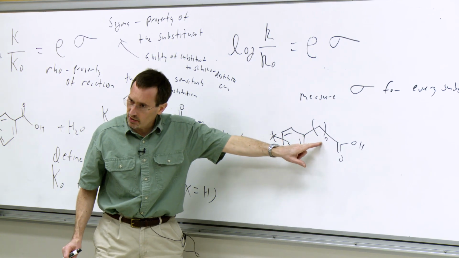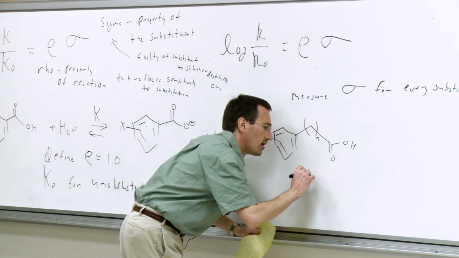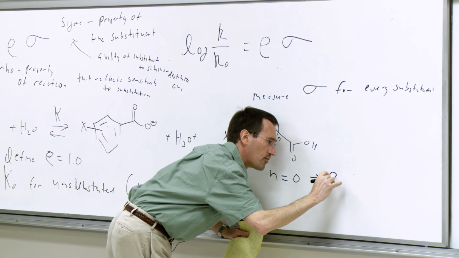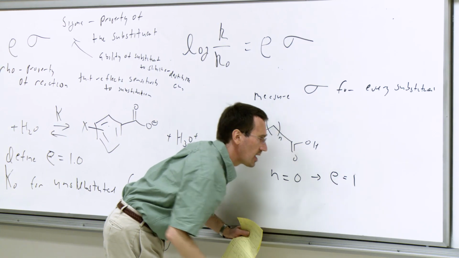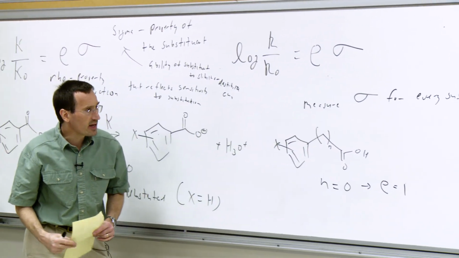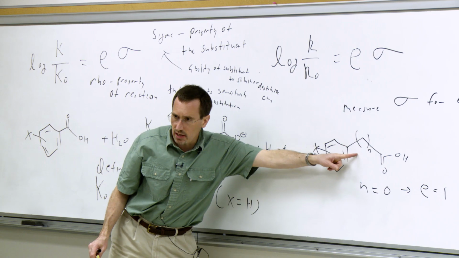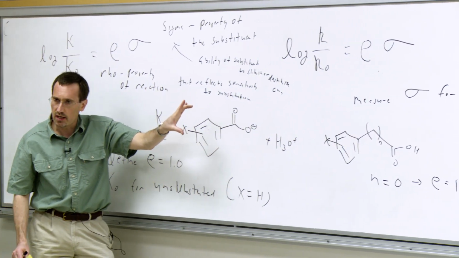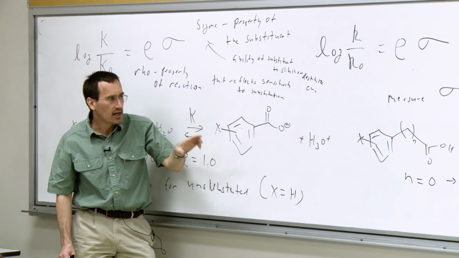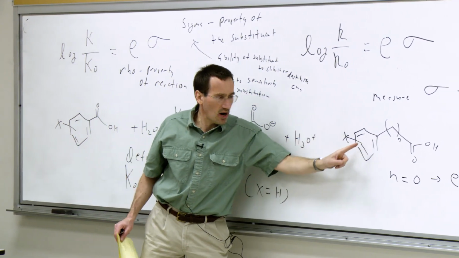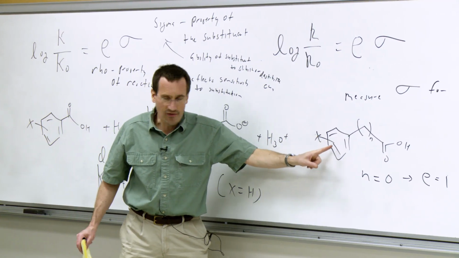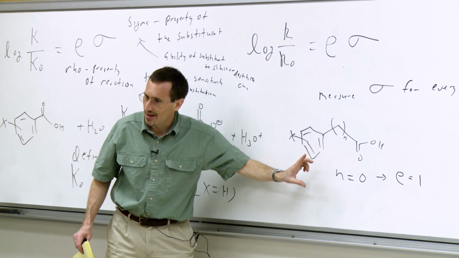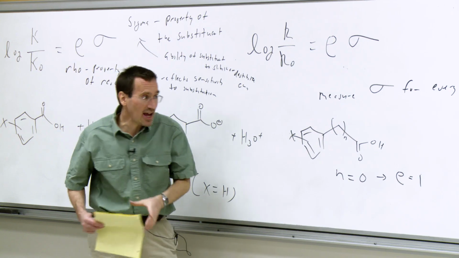Well, when n equals 0, we've already said rho is equal to 1. In other words, it's going to have a big effect. Now imagine a limiting case. Imagine we had a very long chain separating the carboxylic acid from the benzene ring. What would rho be? I guess 0? Yeah, rho would be, exactly.